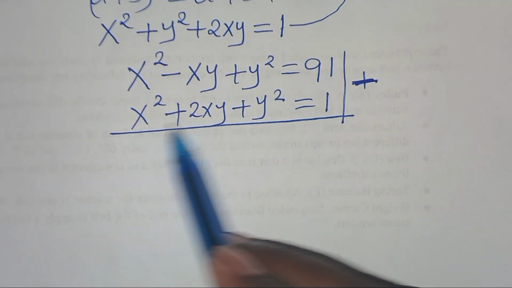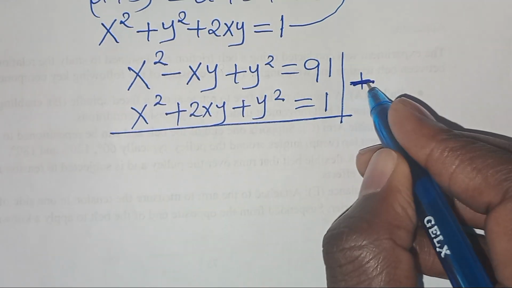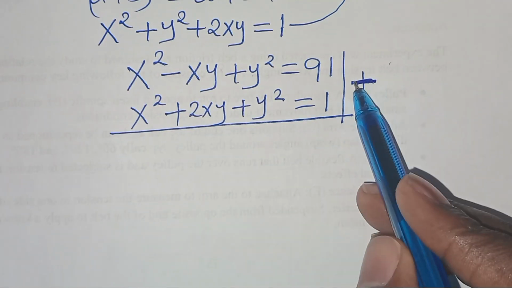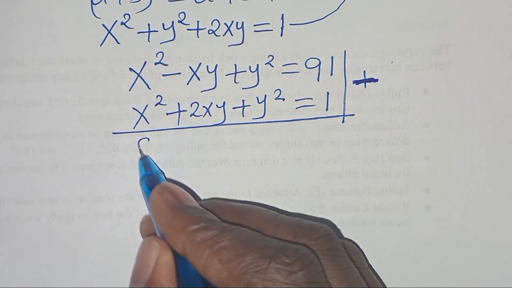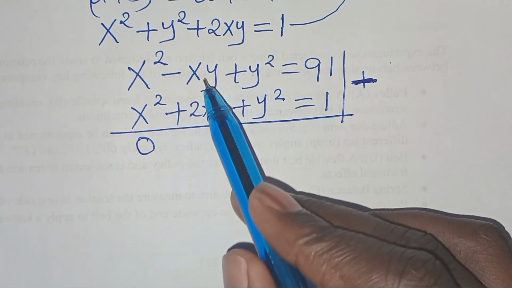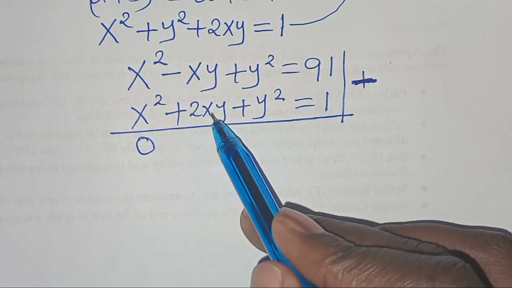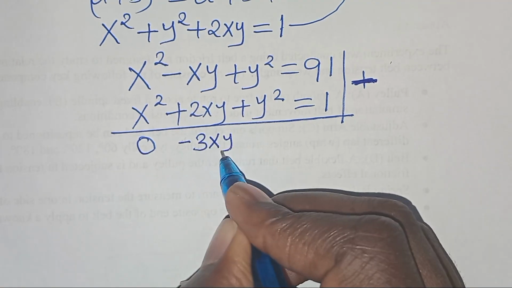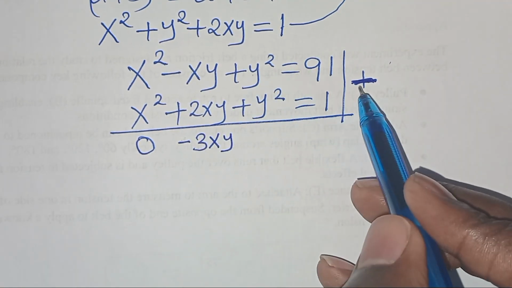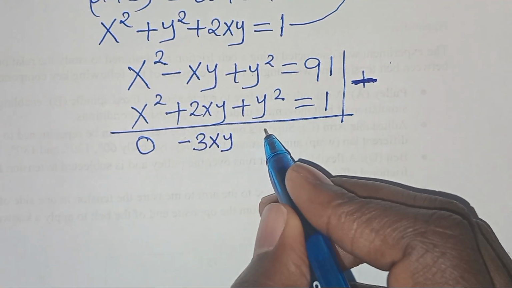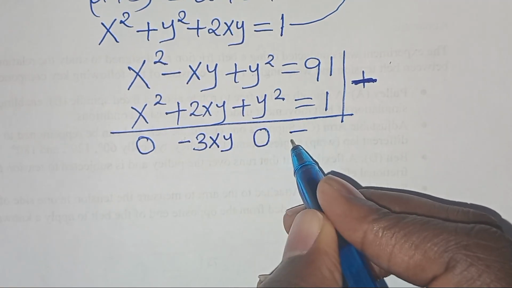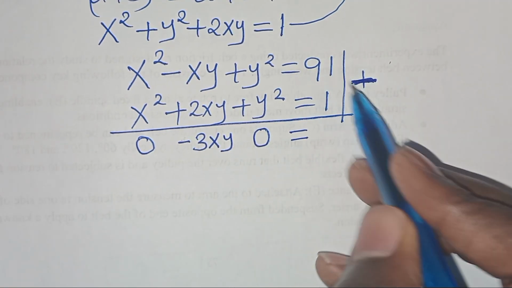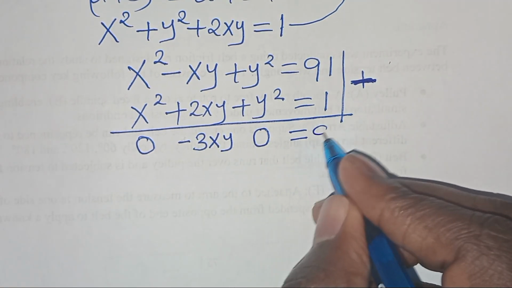Now let's subtract these two equations here. That is x squared minus x squared, this is 0. Minus xy minus 2xy, this is minus 3xy. Then y squared minus y squared simplifies to 0. And this is equal to 91 minus 1, which is equal to 90.